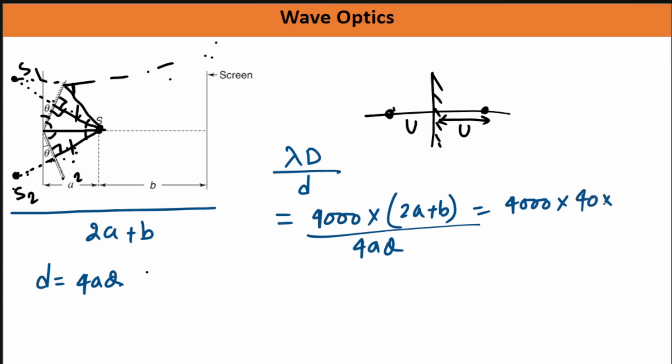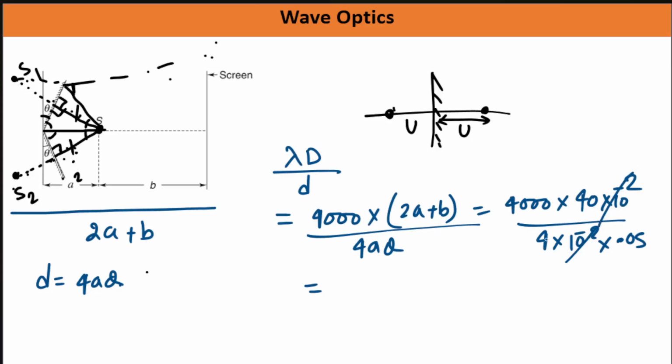40 centimeter meaning 40 into 10 to the power minus 2. So 4 into a was how much? Centimeter, right? 10 to the power minus 2 into theta. Theta is how much? 0.05. We can directly write it because that is given in radian. अगर degree में दिया होता, then you were asked to change it into radian. Okay. So let us calculate it and let us see what we are getting.